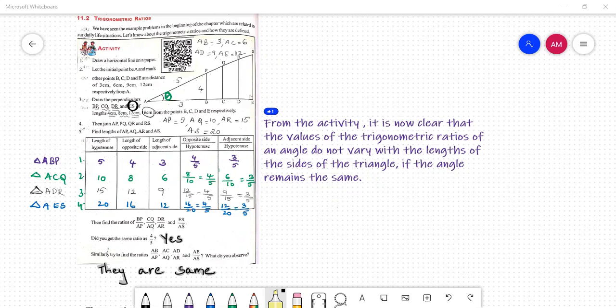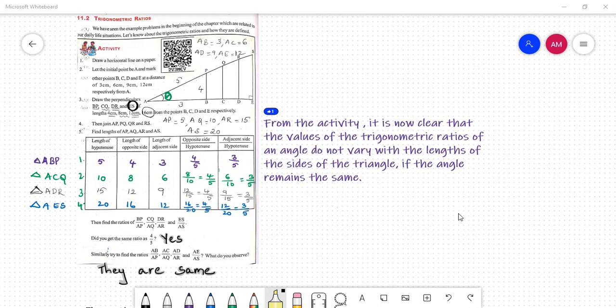We got that in all these similar right angle triangles, opposite side by hypotenuse is same, and similarly adjacent side by hypotenuse are also same. The ratios are same. So from this activity, it is now clear that the values of the trigonometric ratios of an angle do not vary with the lengths of the sides of the triangle if the angle remains the same.